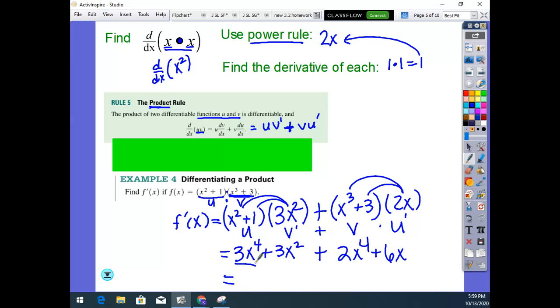Now I'm just going to combine like terms. For my final answer, my derivative function for f is 5x to the fourth plus 3x squared plus 6x.